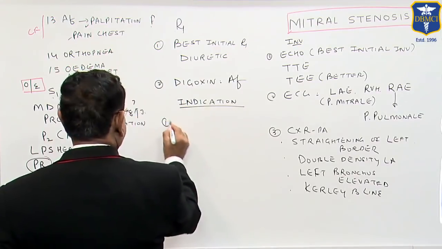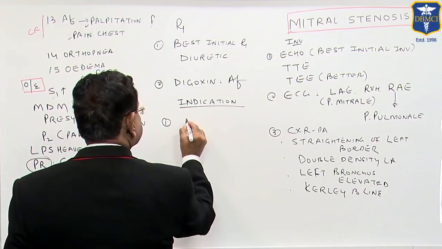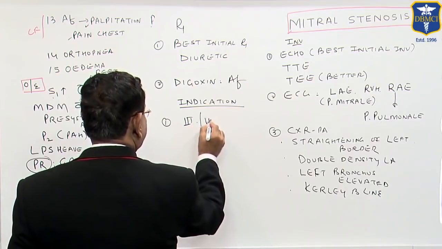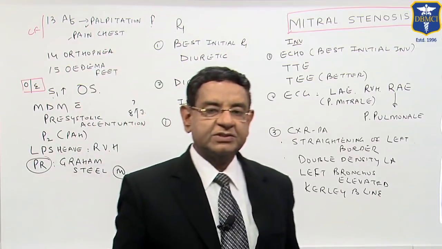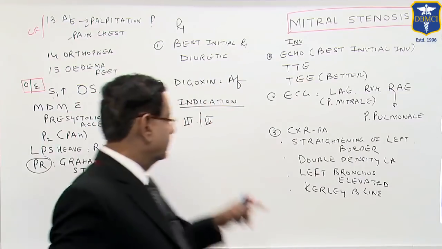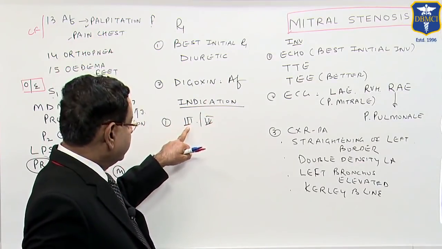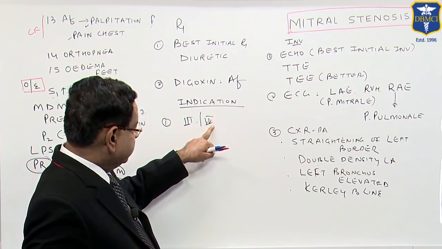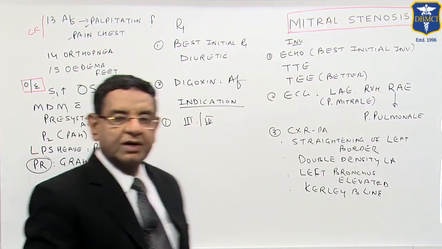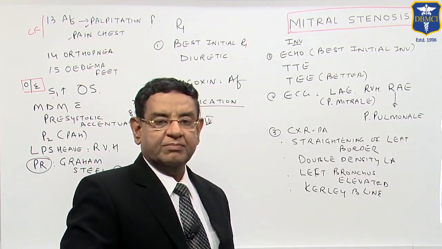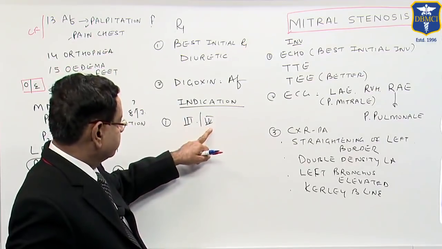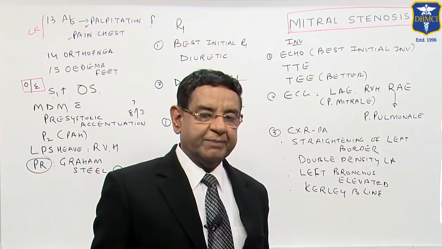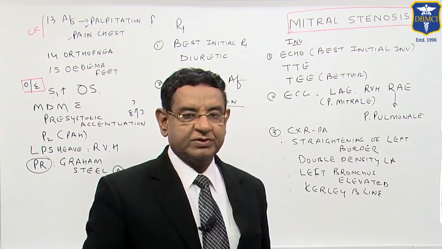First of all, the patient has class 3 or class 4 dyspnea. Class 3, class 4 dyspnea means the patient has dyspnea on doing activities of daily life, or dyspnea at rest or minimal exertion. The patient remains symptomatic despite adequate therapy, so you plan for surgery.